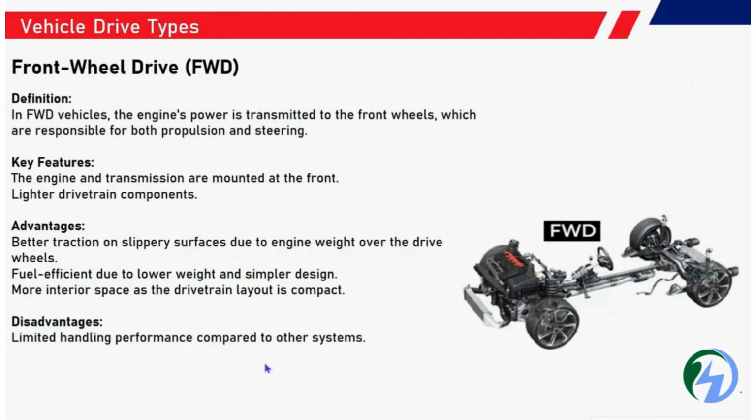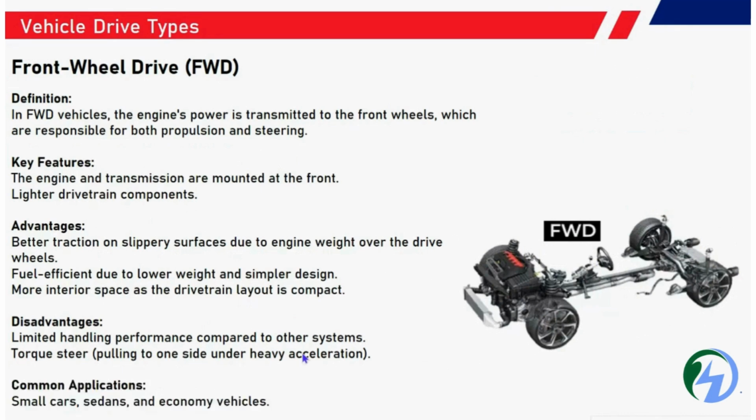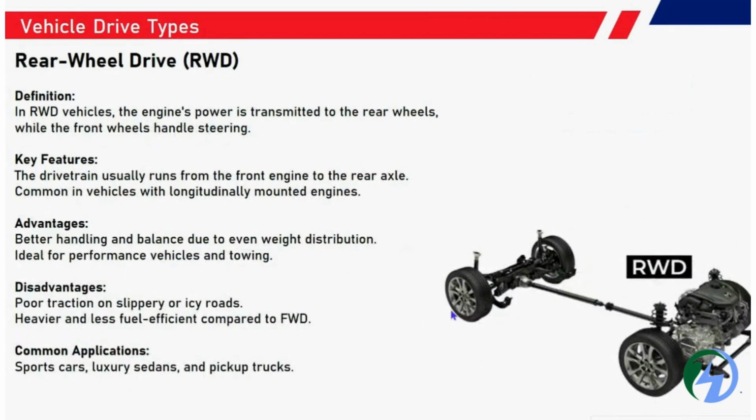The disadvantage is limited handling performance compared to other systems, and torque steer, which is pulling to one side under heavy acceleration. Common applications of front wheel drive are small cars, sedans and economy vehicles.